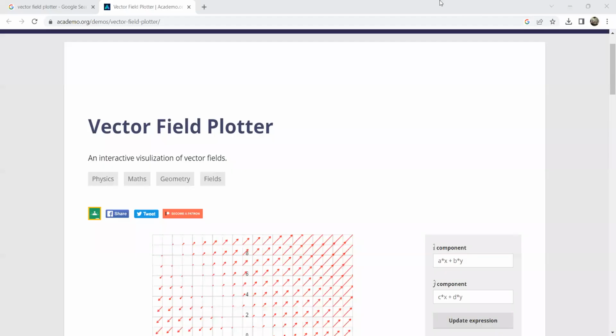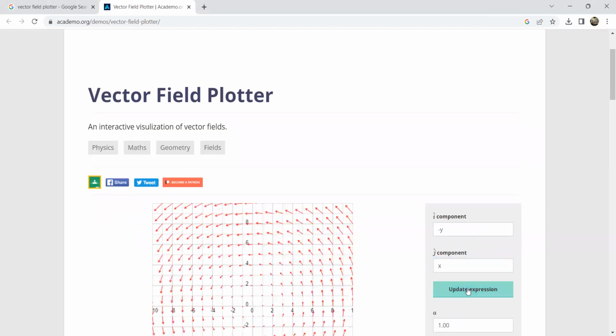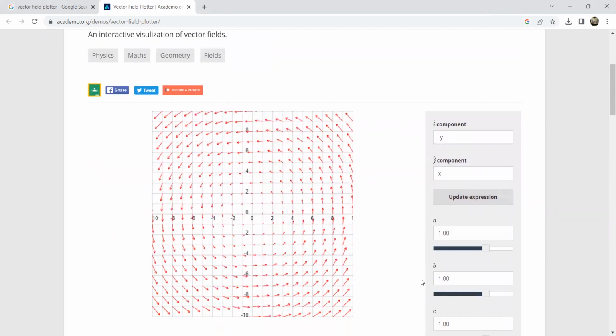So here you have a 2D vector field. Your i component is equal to -y, and your j component is just x. Let us graph this. This is the behavior of your vector field. You can change the scale.